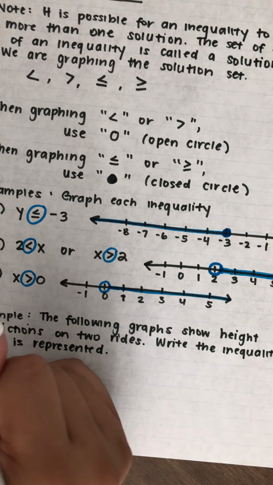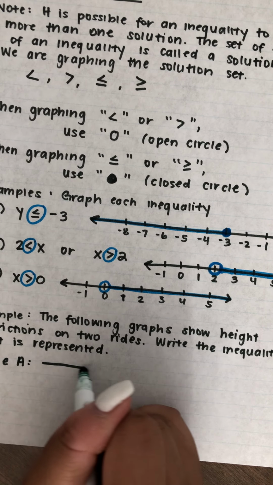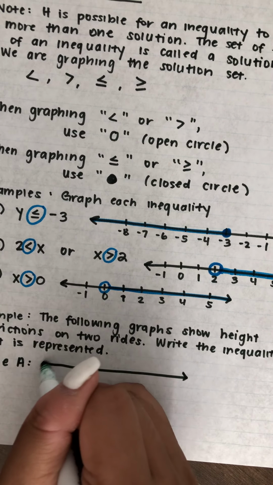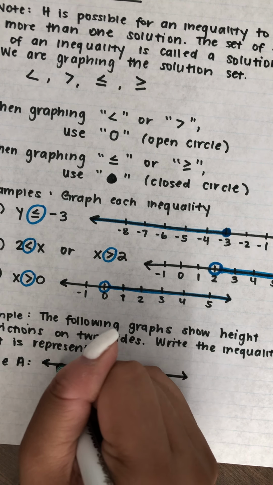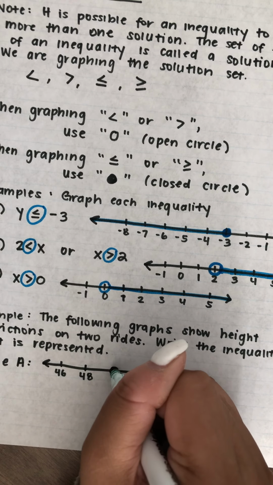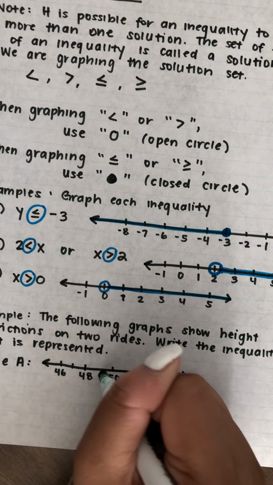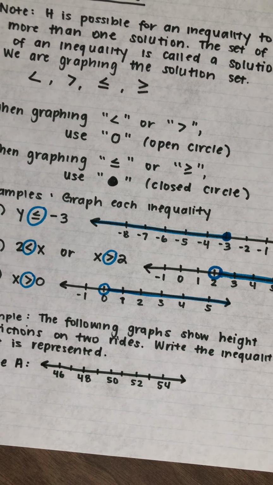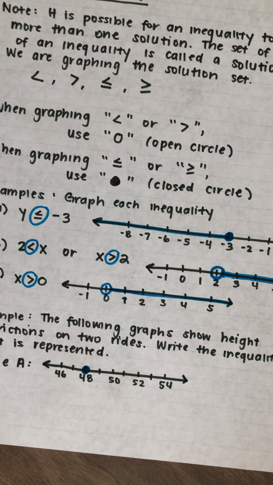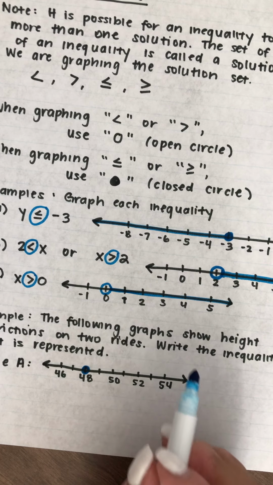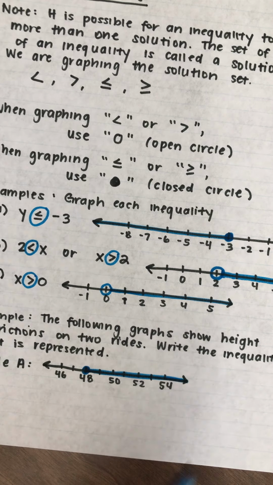All right, so ride A, their graph looks a little bit like this. And what their graph looks like is we have a closed circle on 48 inches, and it's shaded to the right.